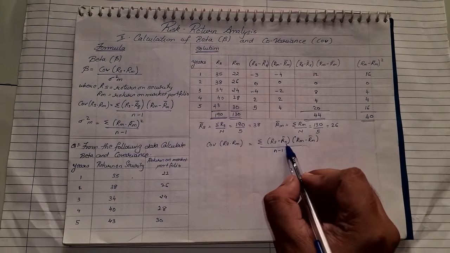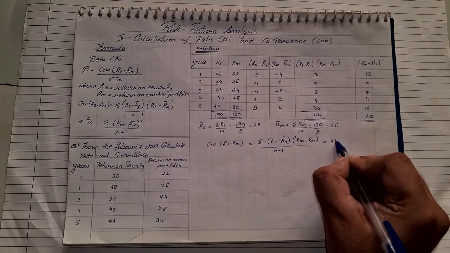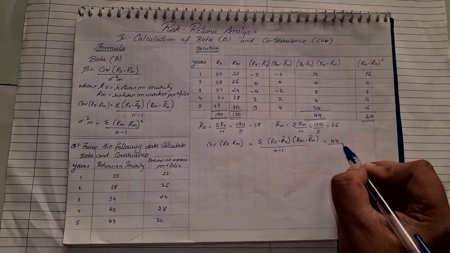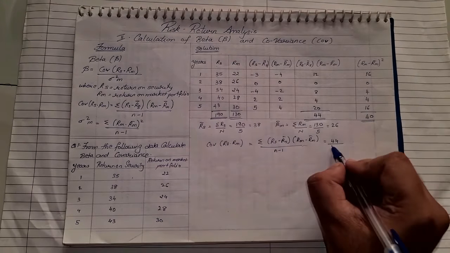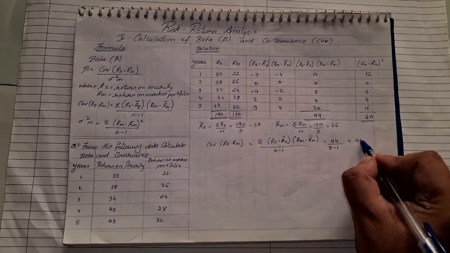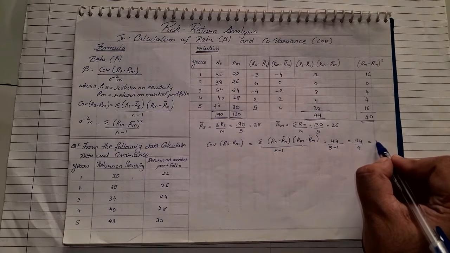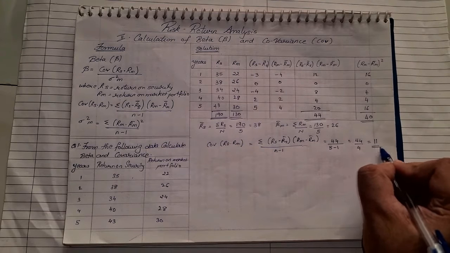Now RS minus R bar S into RM minus R bar M, the total is 44 upon N, that is 5 minus 1. So that was nothing but 44 divided by 4. So our covariance is nothing but 11.